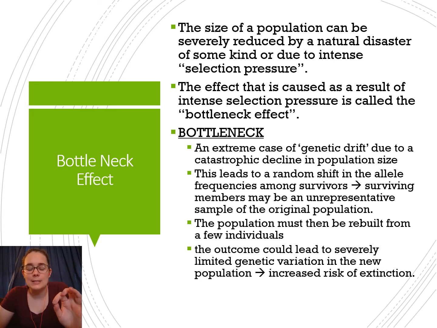What happens is that the allele frequency of the organisms that survive might not be the same percentage frequency as what the original population had. So the surviving members do not always represent the whole population of what it was before the event occurred.